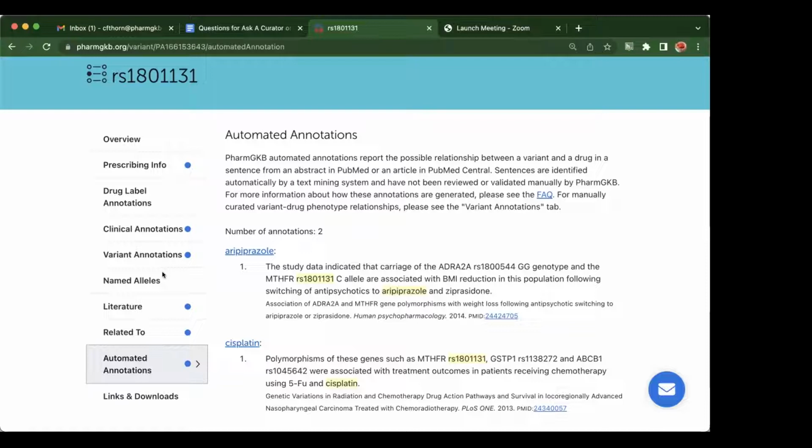So if there's something that's in a case report, we can annotate on it if it's published, but not anything that's just from sequencing data. We don't have any. What we have is all on the public site.